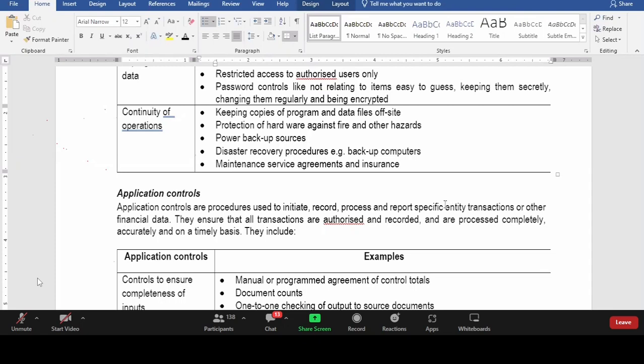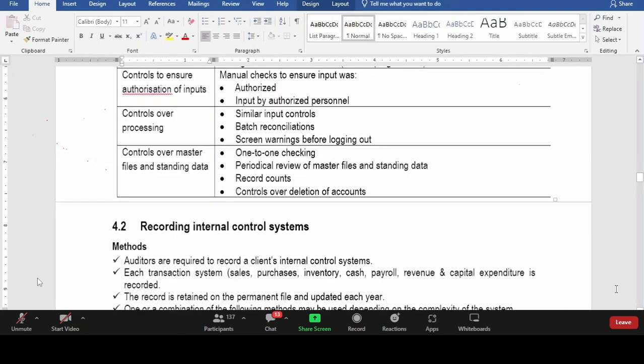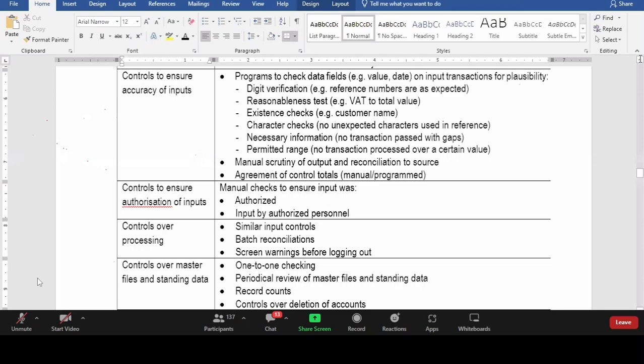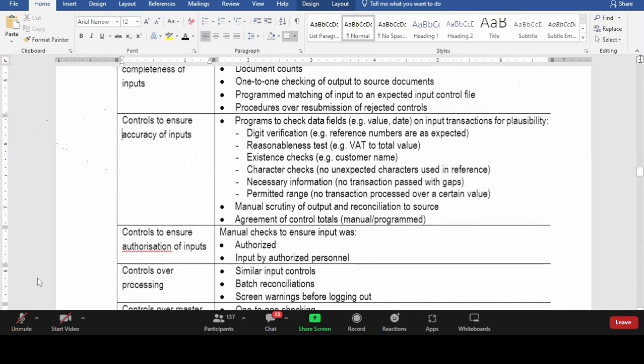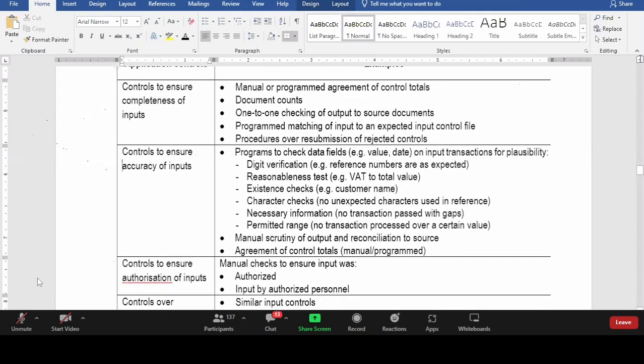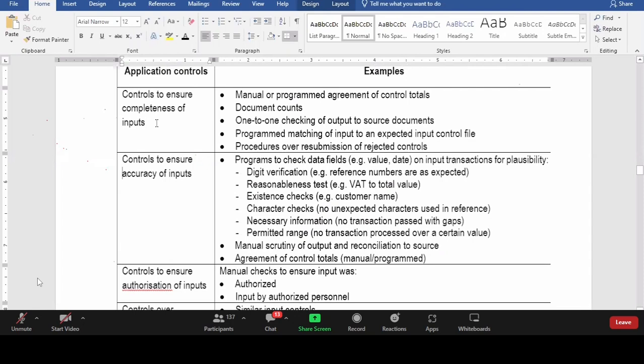Here the auditor has controls regarding completeness. How the auditor has to check whether the system processes all the inputs completely. Which also you must have done in IT.